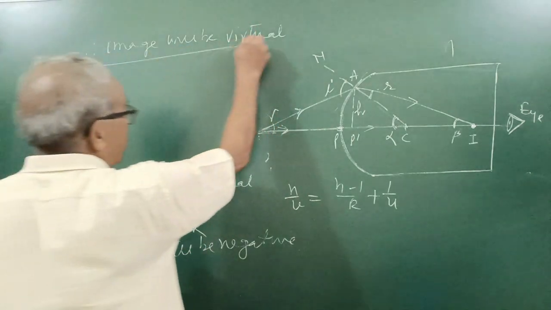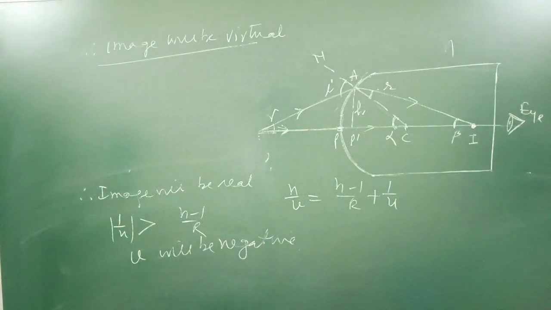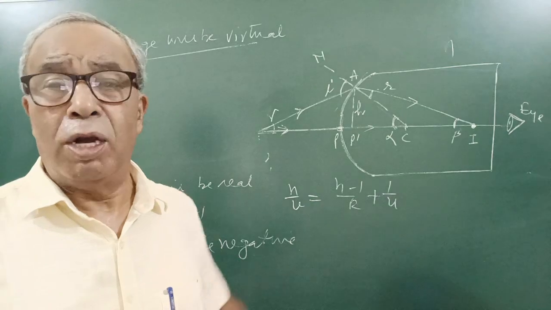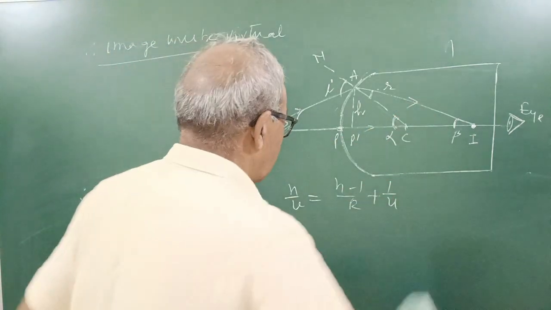Please remember it: the image may be real or virtual if you use an object placed close to the pole and n is more than 1.